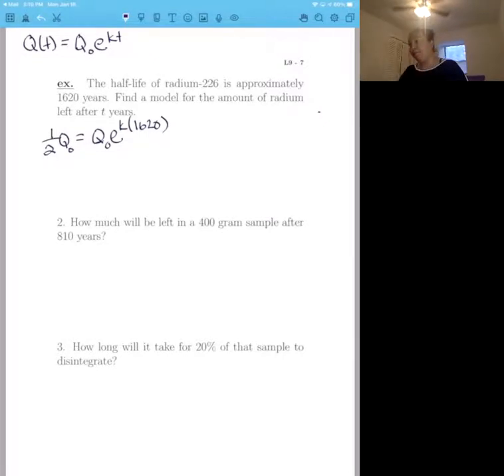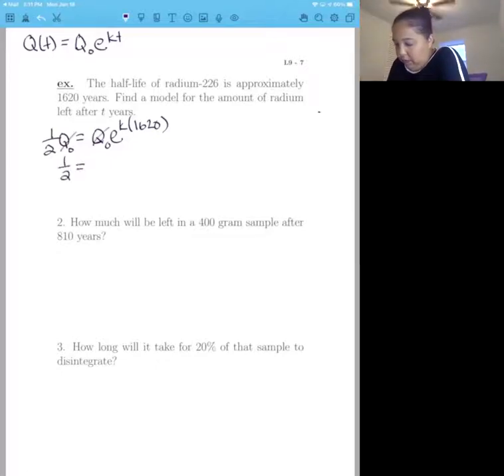So let's see. Since I can cancel Q naught, I will end up with just one variable and be able to solve for k. So I'm going to cancel out Q naught, and I have 1/2 equals e to the 1,620k. I'm going to take the natural log of both sides.